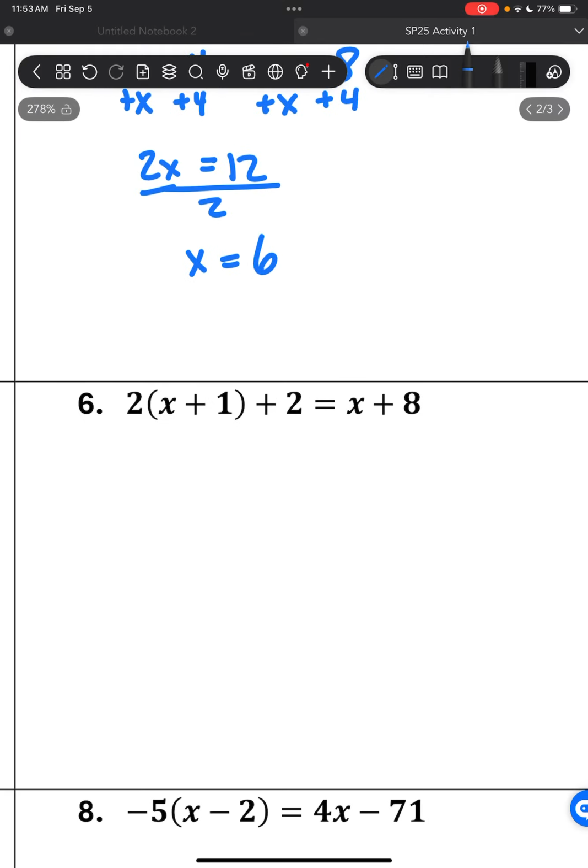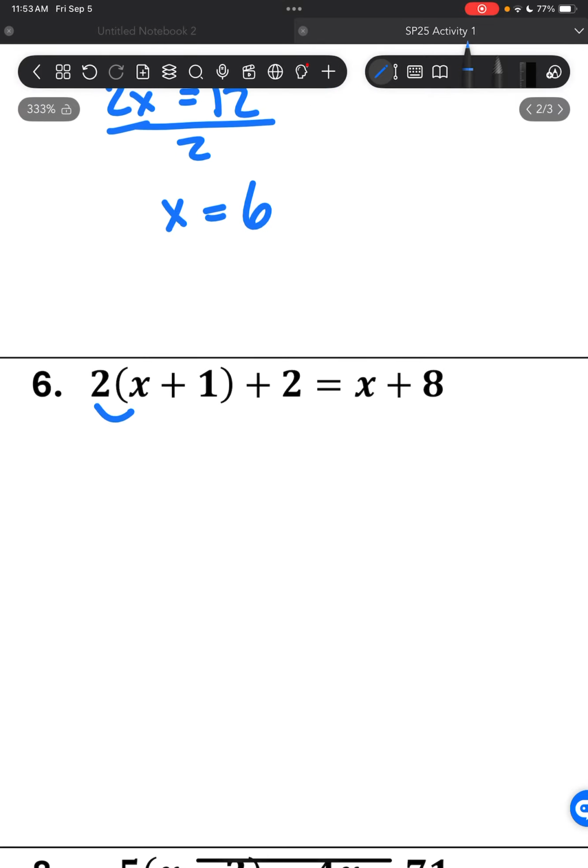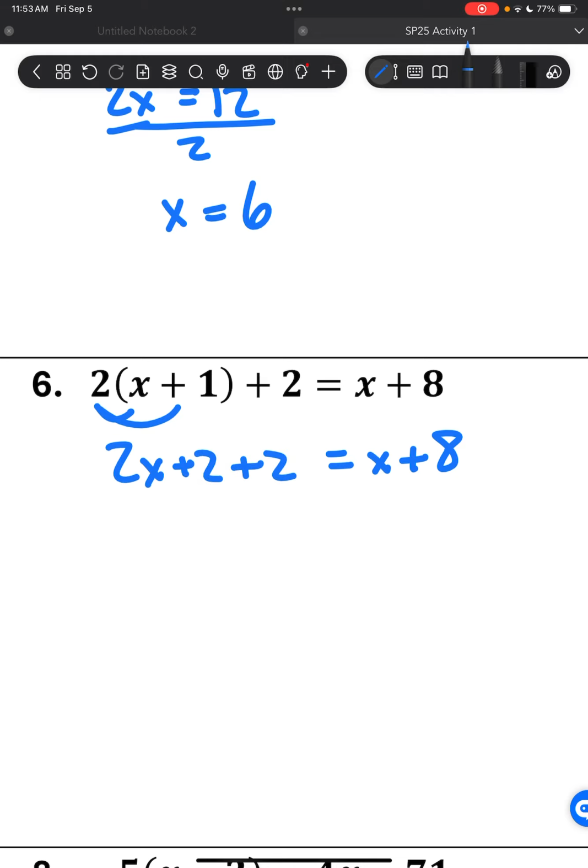Alright, number 6. So this is one where we got to get these parentheses gone before we even add this 2 here, right? We're going to drop down x plus 8. Okay, we're given 2x plus 2 plus 2. So again, drop down this x plus 8. Then we're going to get a 2x, right, plus 4.